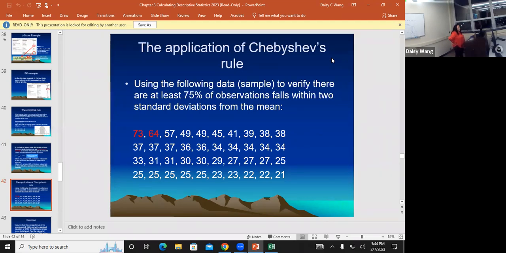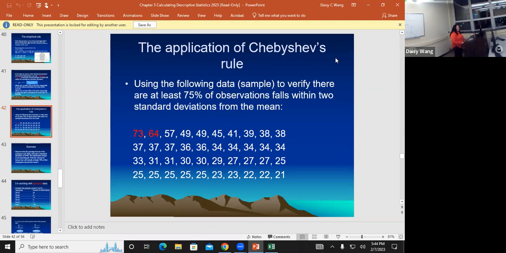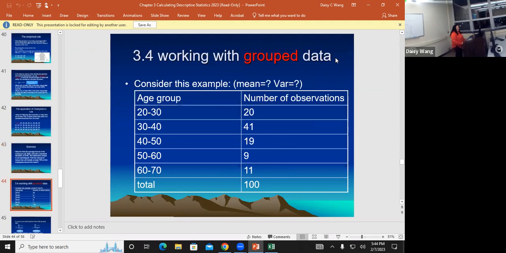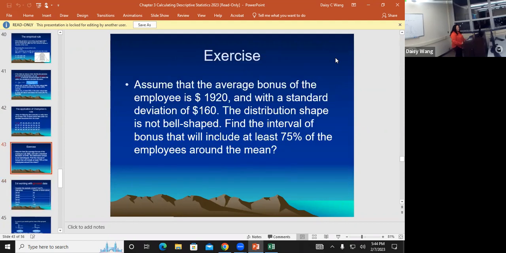We have to calculate the mean and then the standard deviation. So let's see. I'm not going to do that. So how about this one? I'll skip it today. Next, maybe.